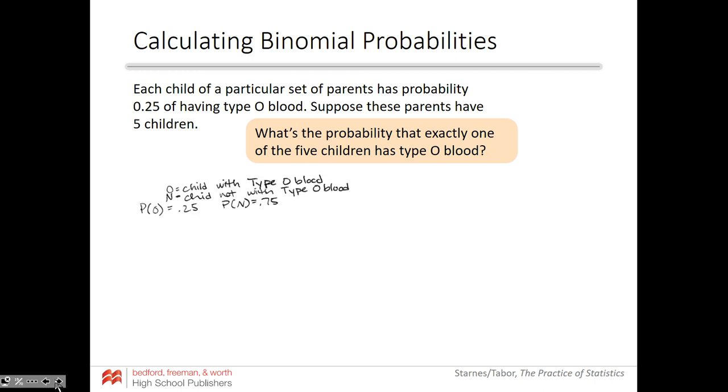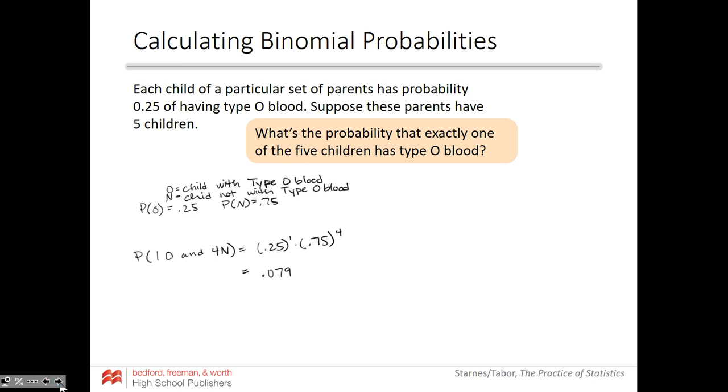So I'm just going to jot down some stuff that we know. Let me define the events: O being a child with type O blood, N being a child not with type O blood, N for not. So the probability of O is 0.25, the probability of N is 0.75. I want 1 kid with type O blood and 4 kids not with type O blood.